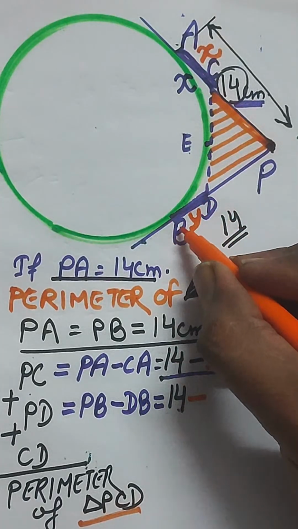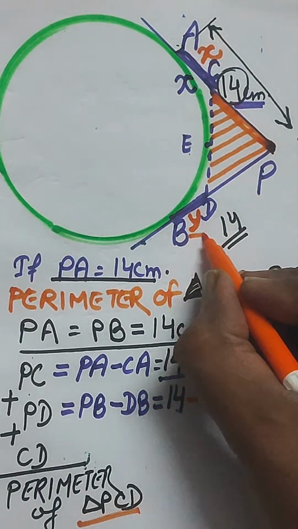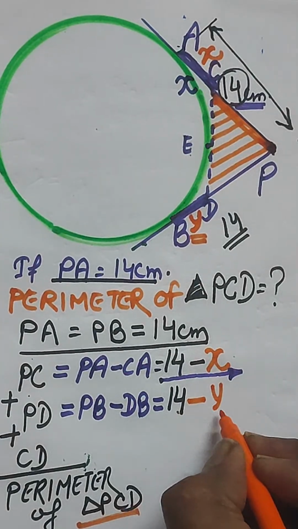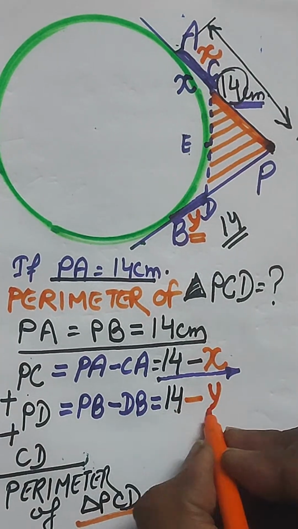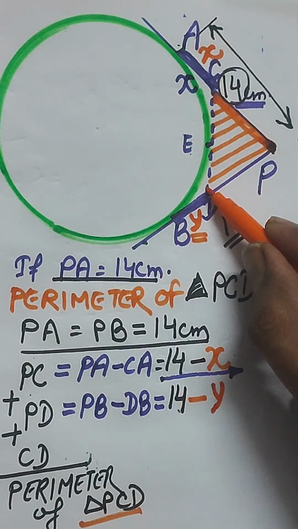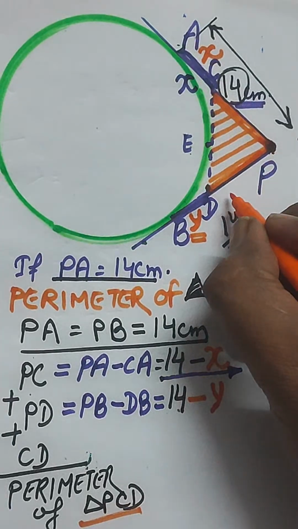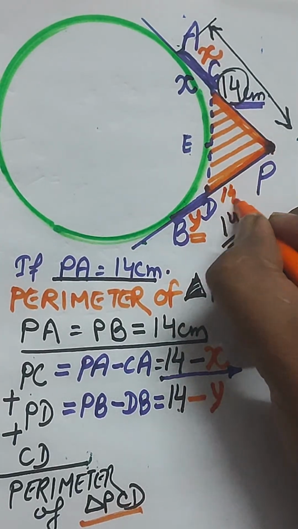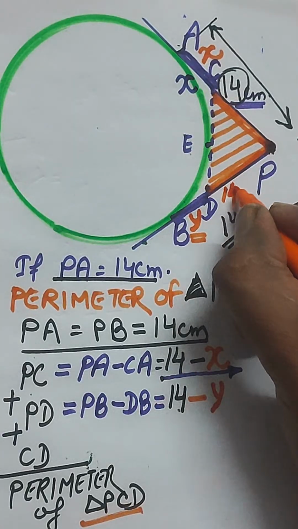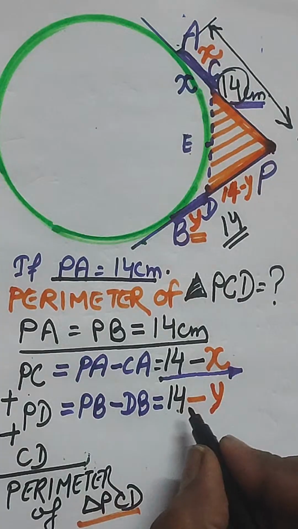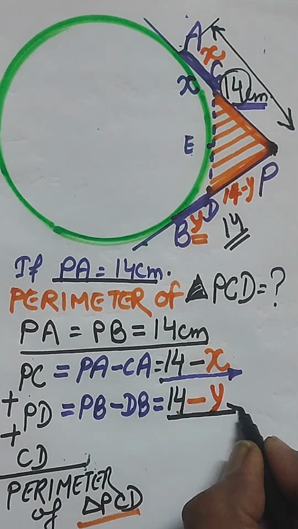What is the length of DB? We have assumed it as equal to y. So 14 minus y is the length of PD, this one. So this you get as 14 minus y, right?